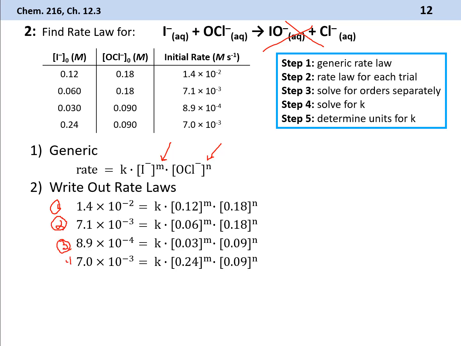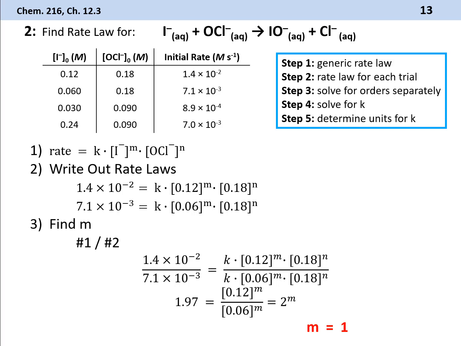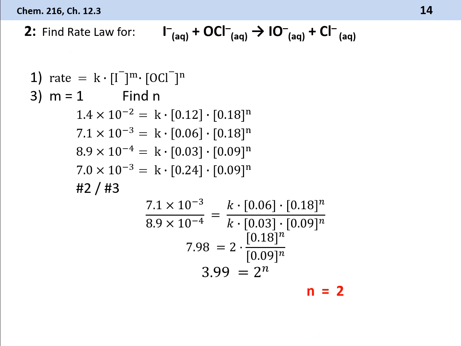Now I use some of these equations to try to figure out m and n. I first use number 1 and 2 to find m, because my OCl minus was constant, so those cancel out. My k's cancel out, and I can find the value for m. Once I know the value for m, in this case m equals 1, I can put a 1 in place of all those.